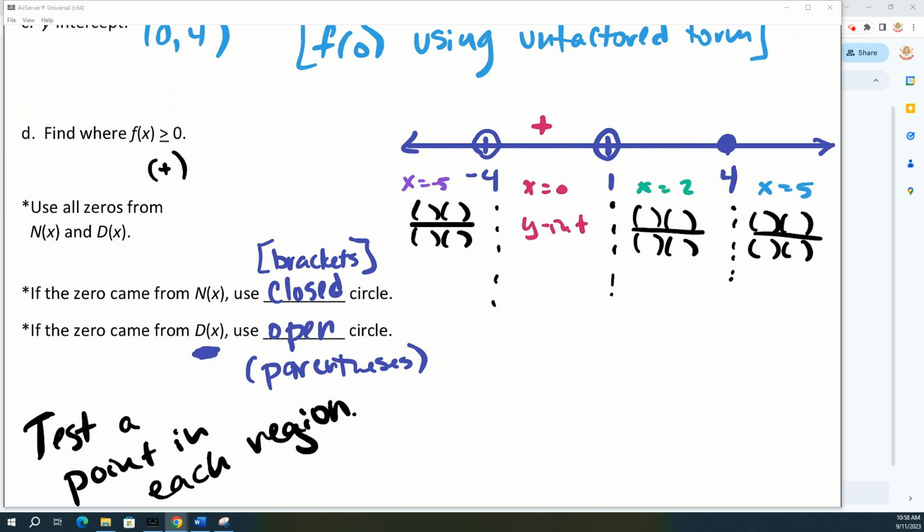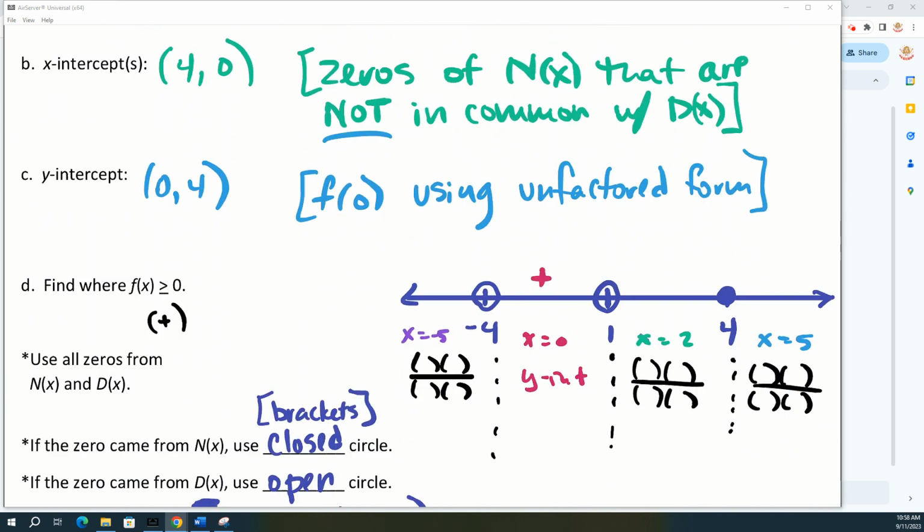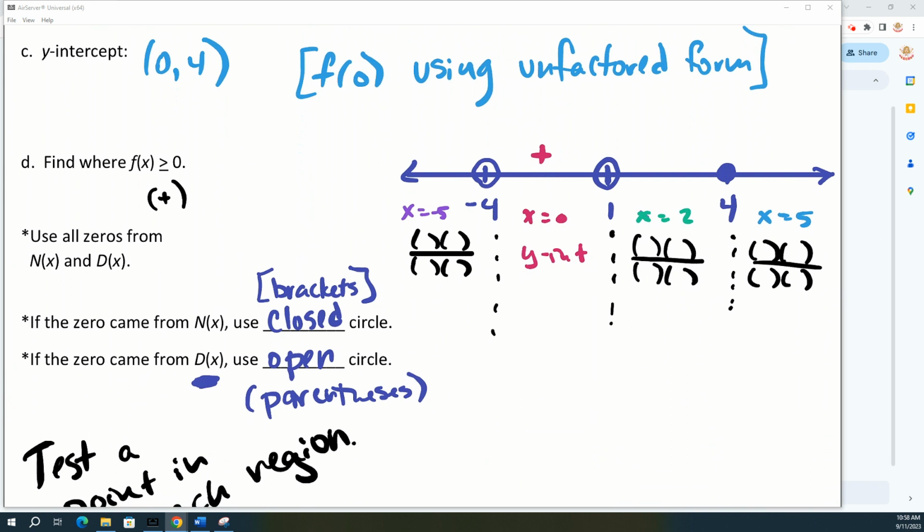And I'm going to assume these questions will be on the non-calculator part, because if you had a calculator, you could just look at the graph and tell these answers really fast. So I'm just going to do it without a calculator, but it's not going to be difficult, because when you plug those numbers in, we're just going to get positive or negative. We're not going to care if it's -9 or whatever. We just need to know if it's positive or negative.